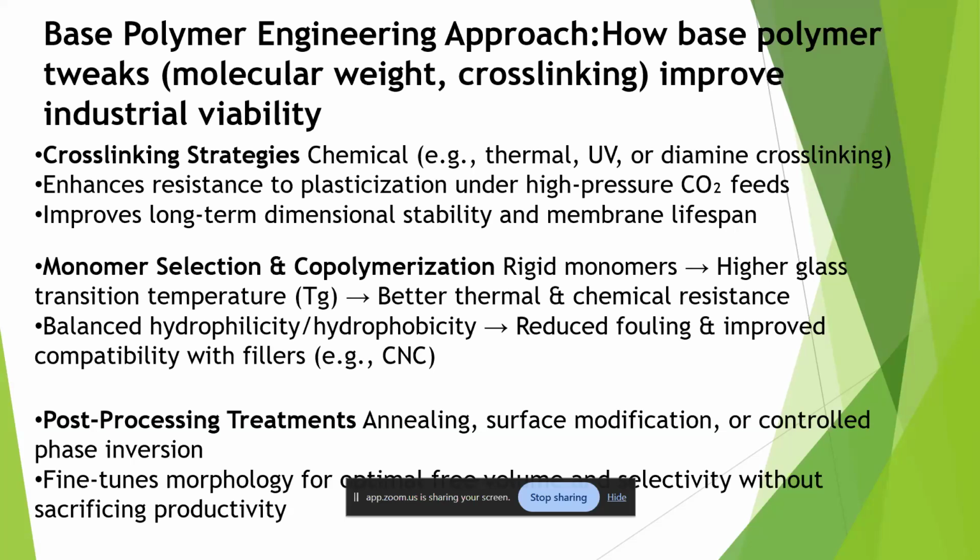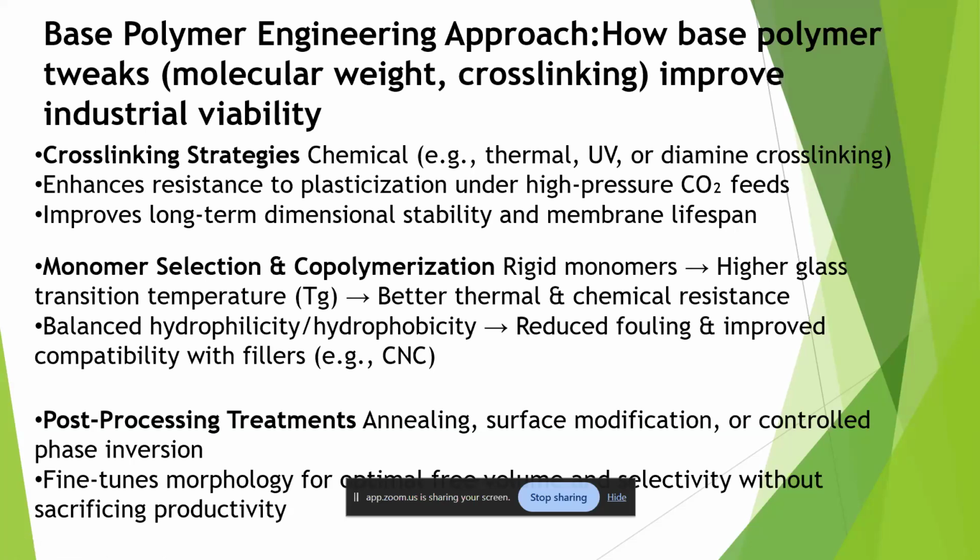Strength or molecular weight or whatever we want to improve, and also the monomer selection in order to make the polymerization, and all these post-processing treatments like annealing, which is very important if we are going for hollow fiber. After making that, in order to make it proper, the surface strong with the proper tension, annealing and associated works are very important, and surface modification is required, especially if we are going for an O2/N2 separation.